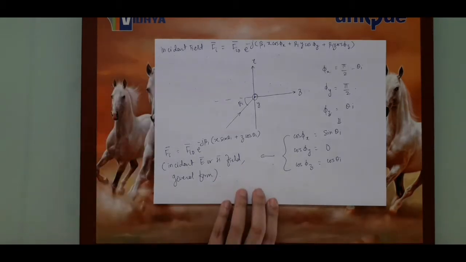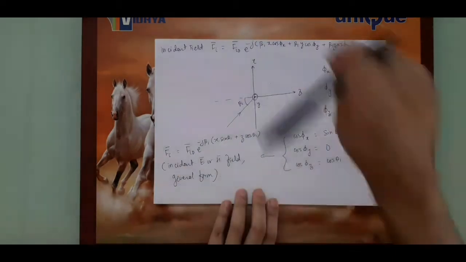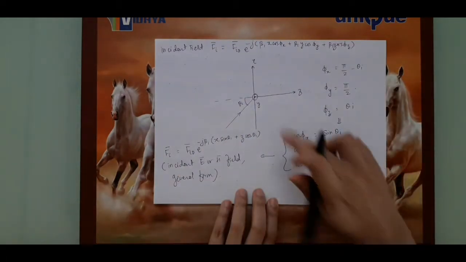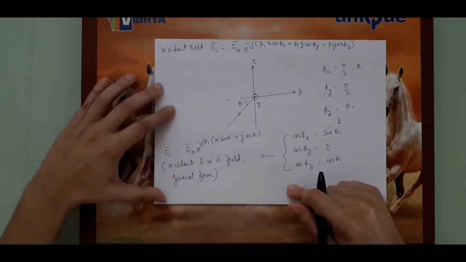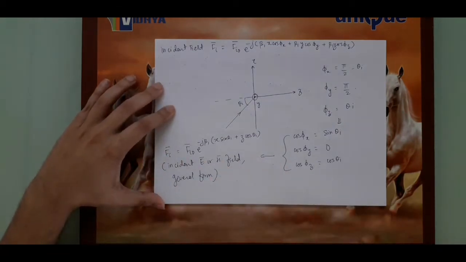So now the wave is happily traveling and it hits the boundary. So what will the incident field now be at the boundary?